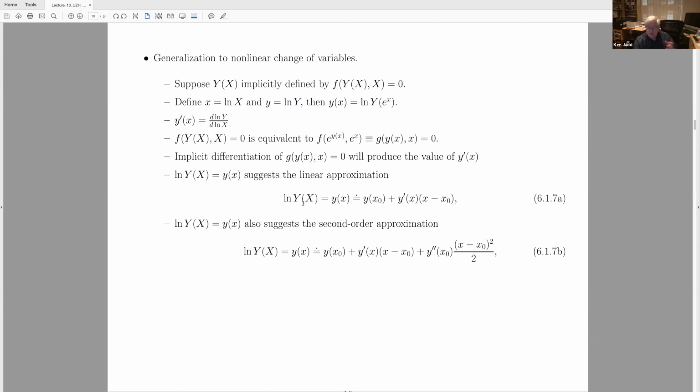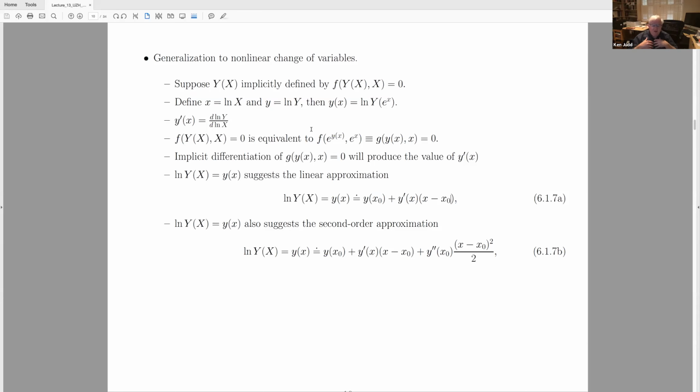And then if you want the corresponding first order approximation, you just exponentiate both sides. Now, by the way, when you approach this as a general nonlinear change of variables, you can start thinking in terms of second order approximations. So you could think not just in terms of log linearization, you could think in terms of log quadraticization.